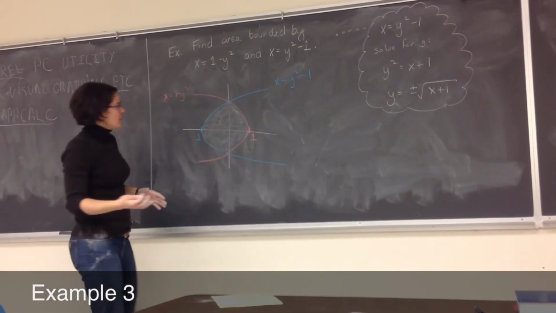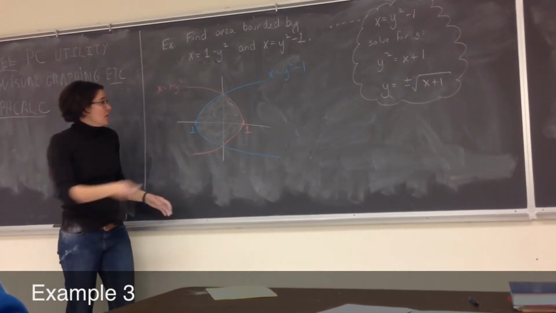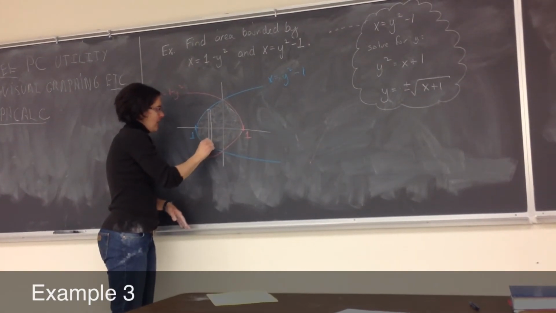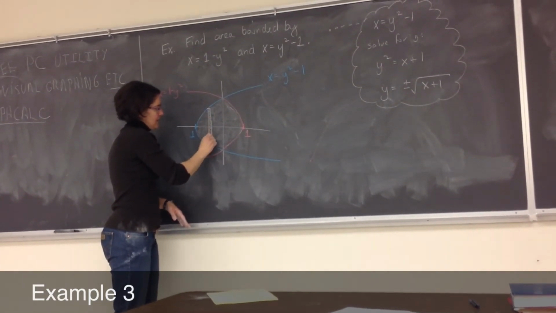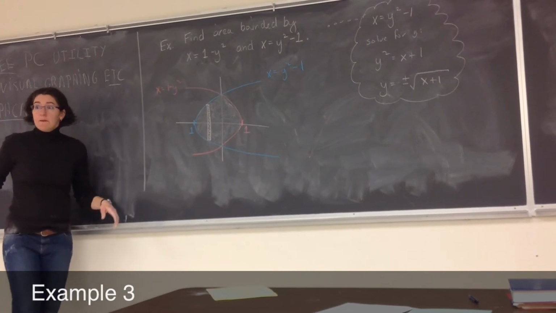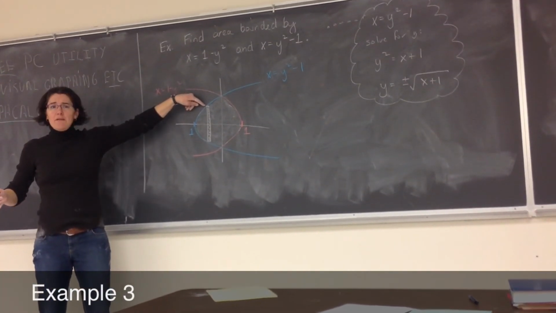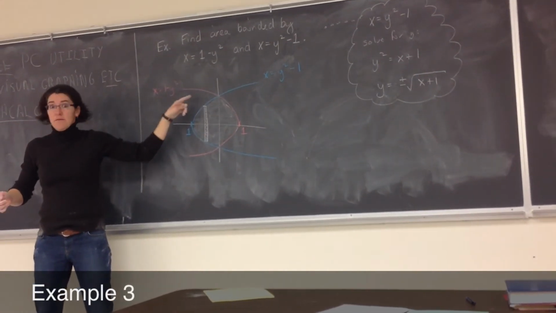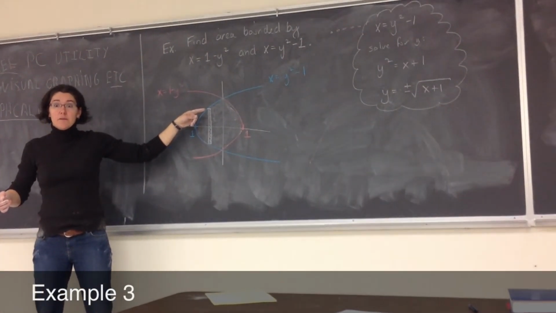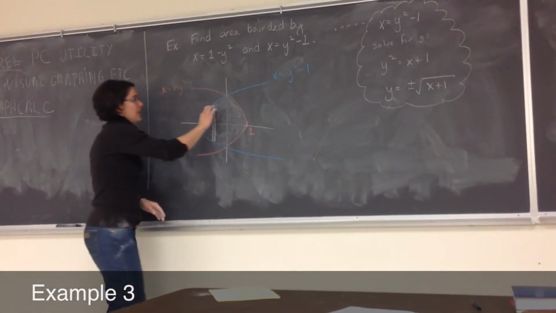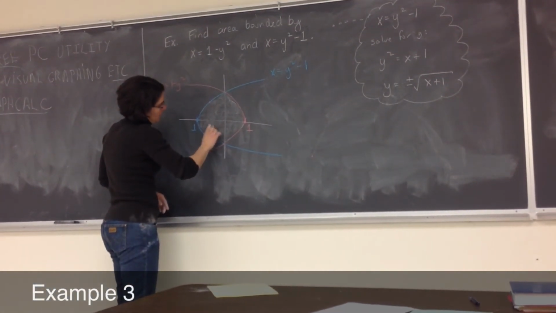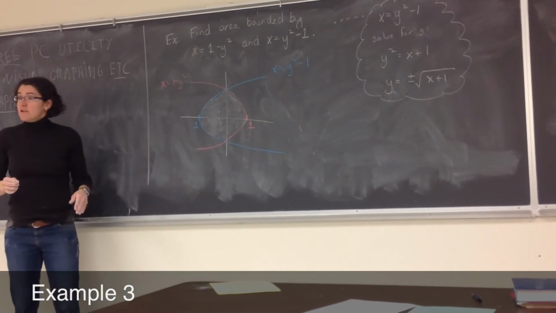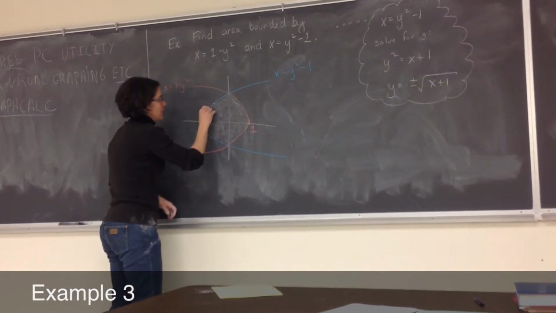And so if I start by drawing a rectangle, if I draw it over here on this left-hand side, I run into a problem. Because what I notice is that the top of my rectangle and the bottom of my rectangle are both lying on the same curve. And that's a problem. So instead of thinking about a vertical rectangle, what I might do is take rectangles that are horizontal.